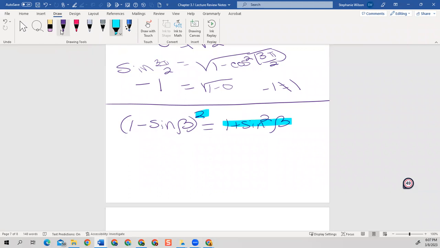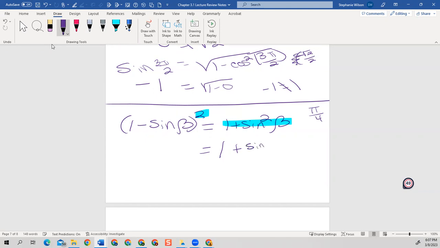Okay, so what I want to do is work on this other side that appears to be a little bit easier. So I'm going to plug in and pick pi fourth, because I know that sine of pi fourth on the unit circle is the square root of 2 over 2. I should have put parentheses, but y'all know what I'm talking about. So I'm going to plug it in.